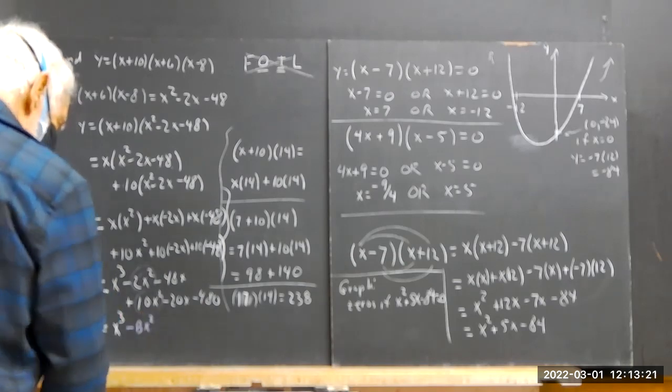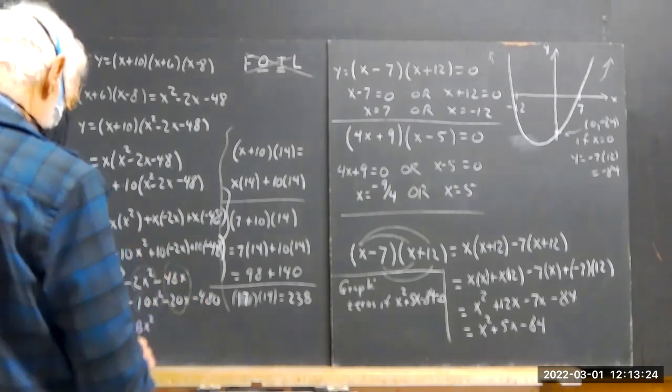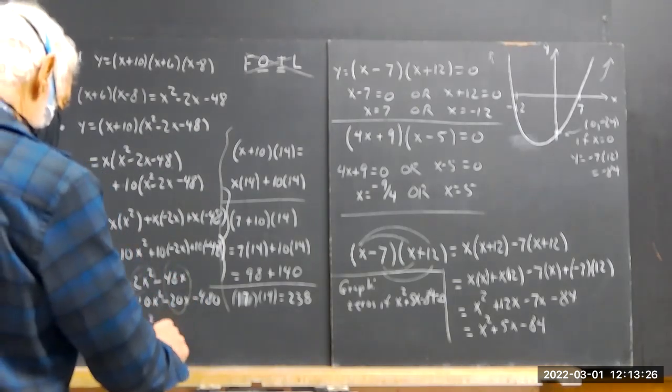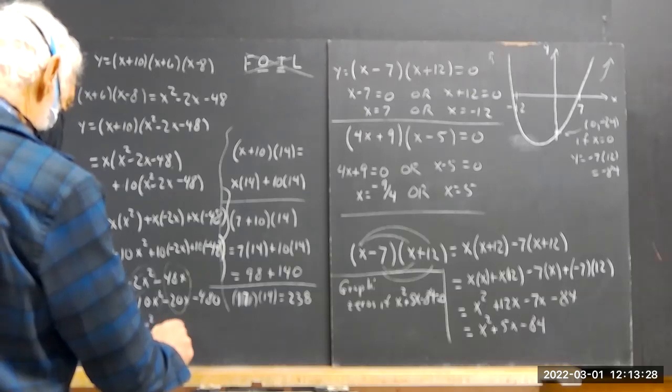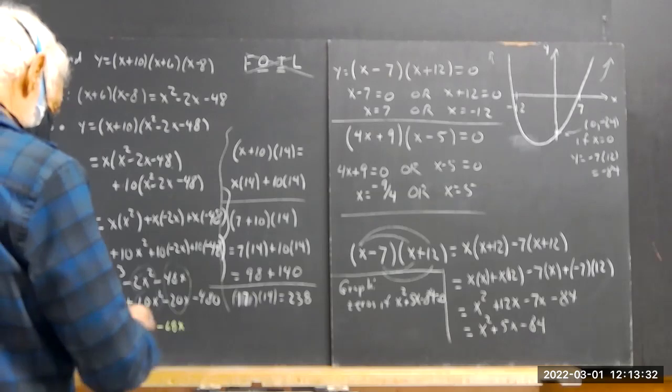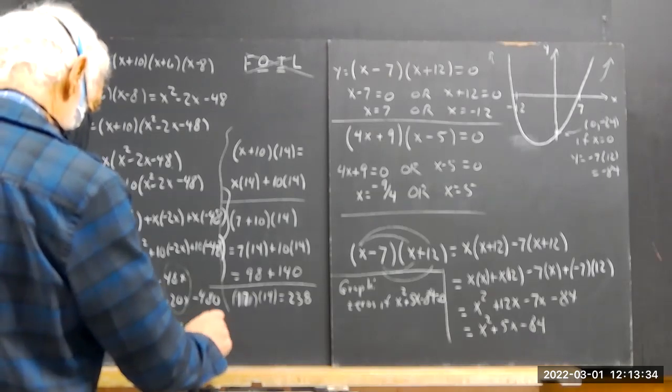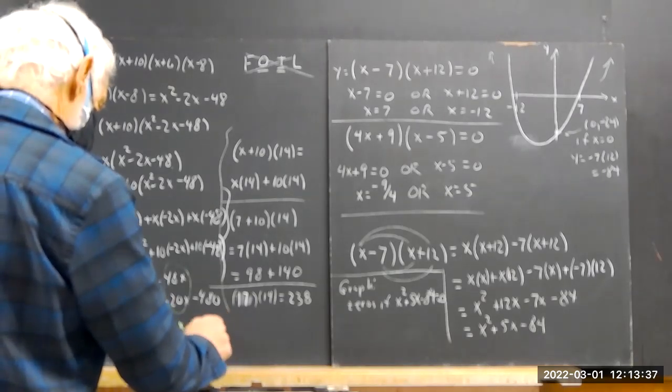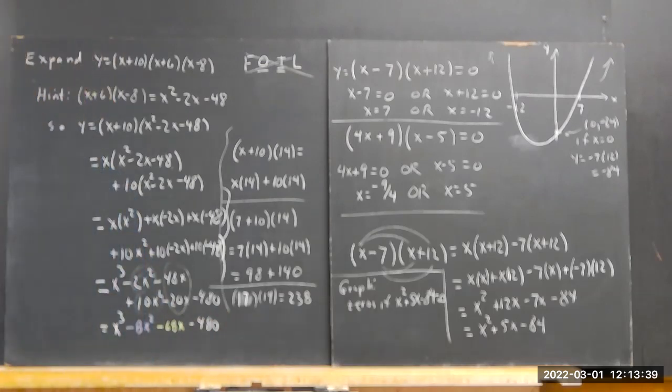Then we have a couple of x terms, negative 48x and negative 20x, which is negative 68x, minus your 480. Okay.